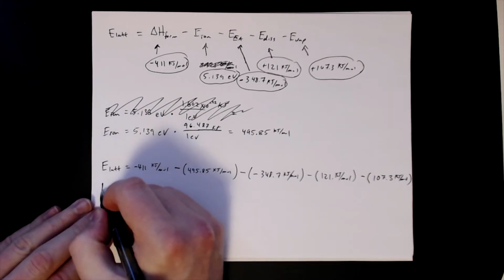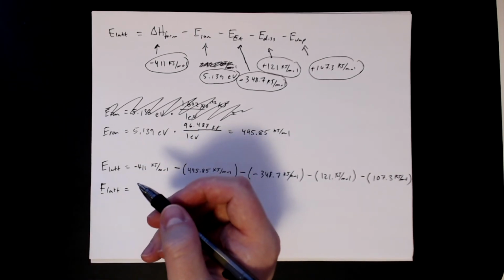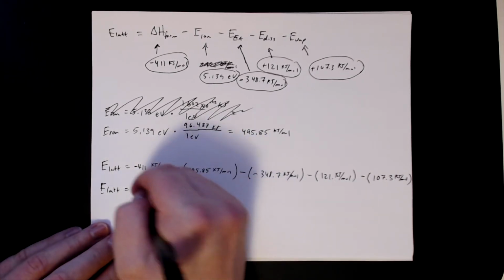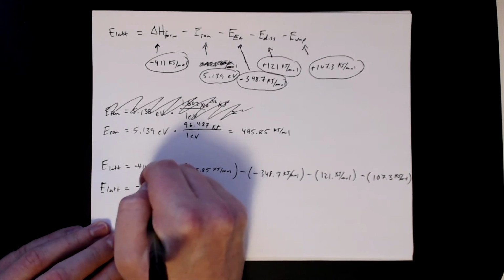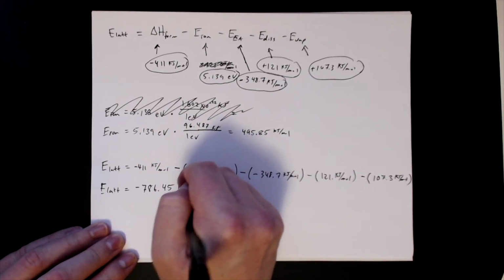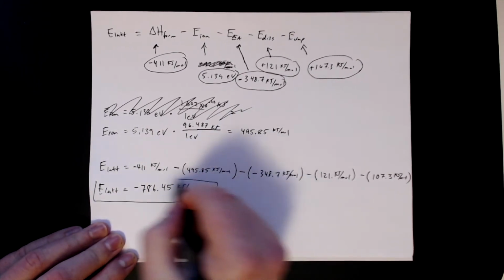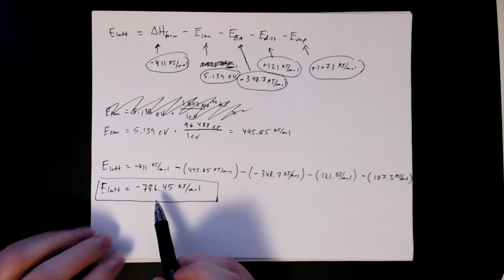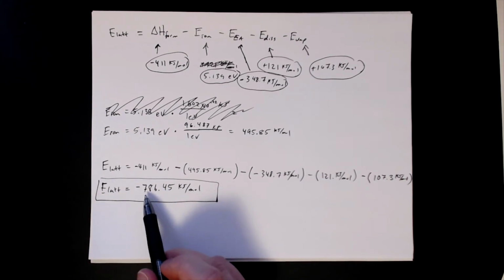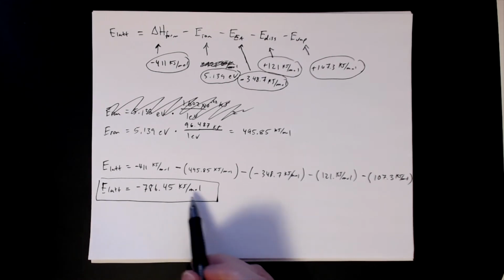If we do all that, really simple arithmetic, we get a value of negative 786.45 kilojoules per mole. So using the Born-Haber cycle, we get a value of negative 786.5 kilojoules per mole.